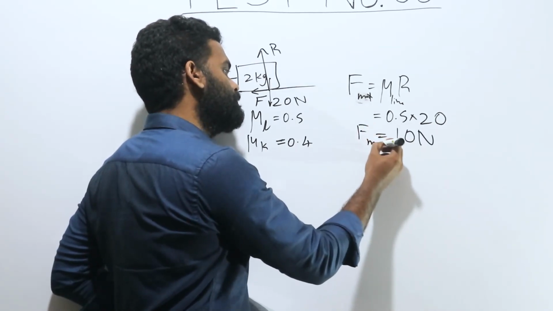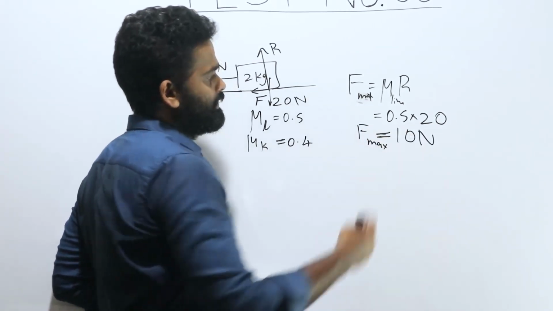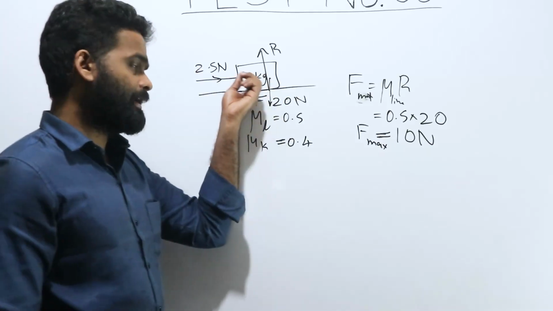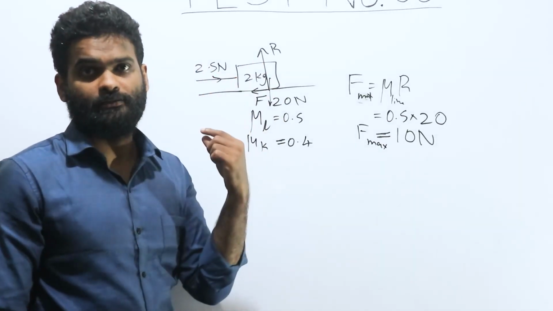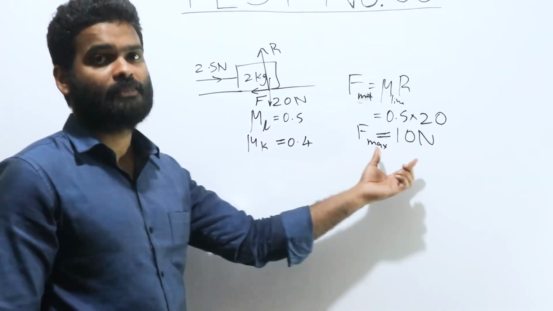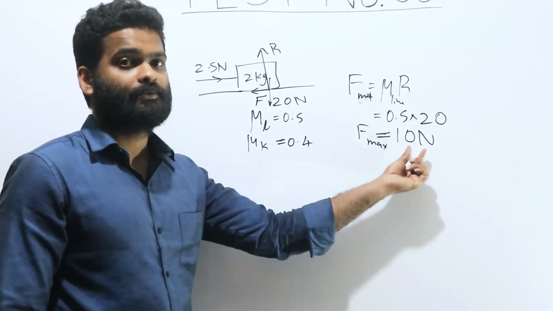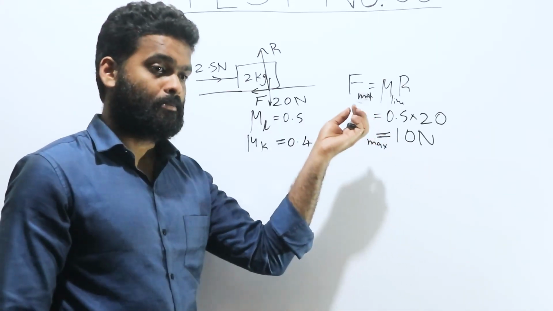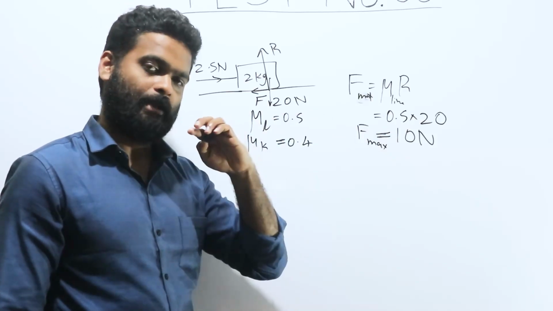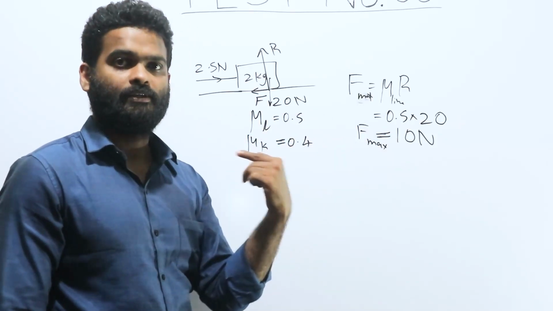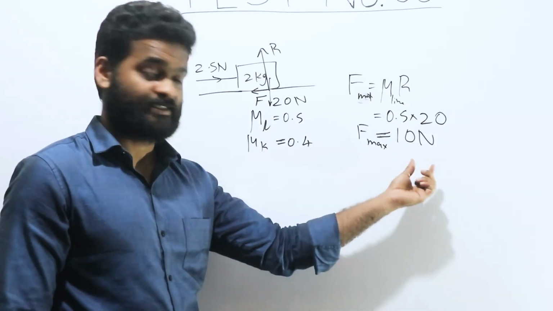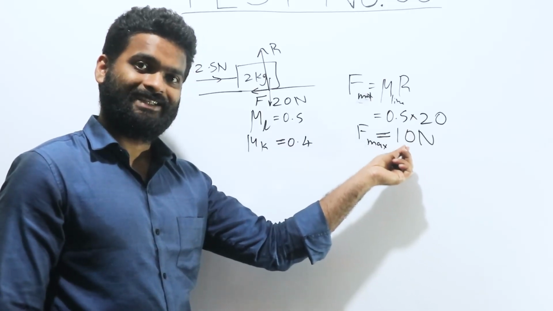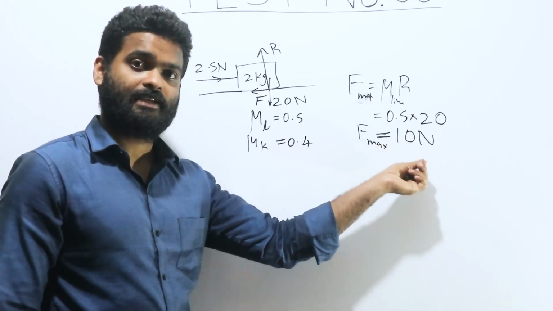That is the maximum friction that the ground can apply on the object. It does not mean that this is the friction acting. This is the maximum friction that can be applied by the ground on the object. It can be applied, but it does not mean that is the friction that is applied.